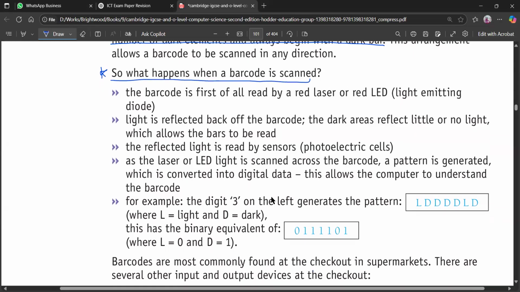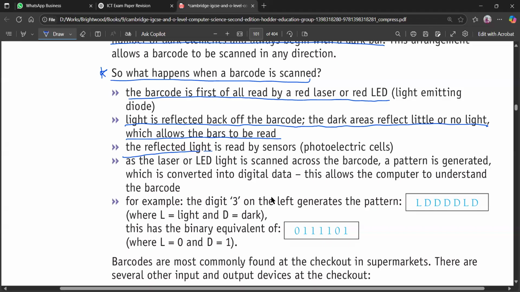First, the barcode is read by a red laser or LED. Next, light is reflected back from the light areas of the barcode, and dark areas reflect little or no light, which allows the bars to be read.